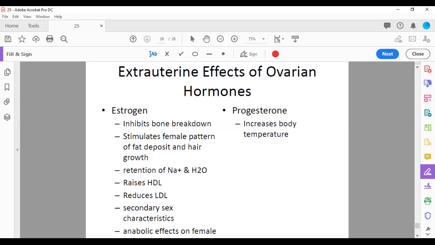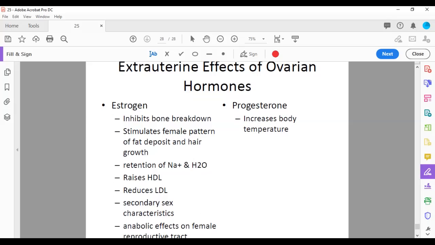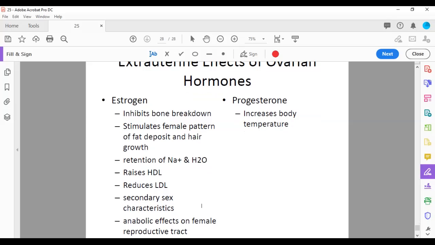Estrogen also raises HDL and lowers LDL, so it's cardioprotective. Estrogen is involved with secondary female sex characteristics. And last but not least, estrogen has anabolic effects on female structures.